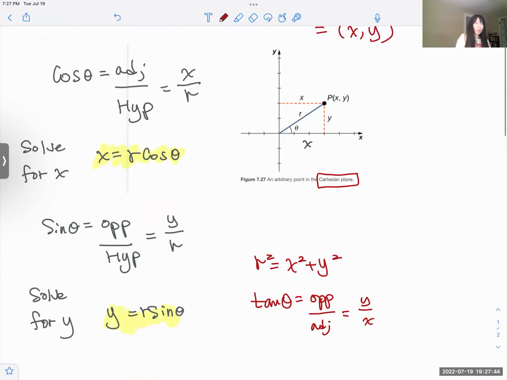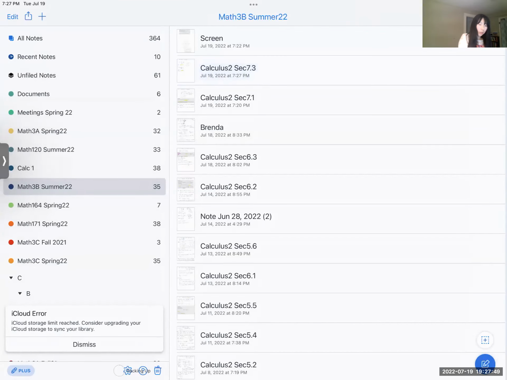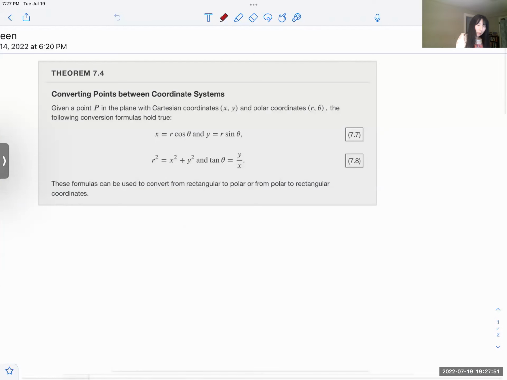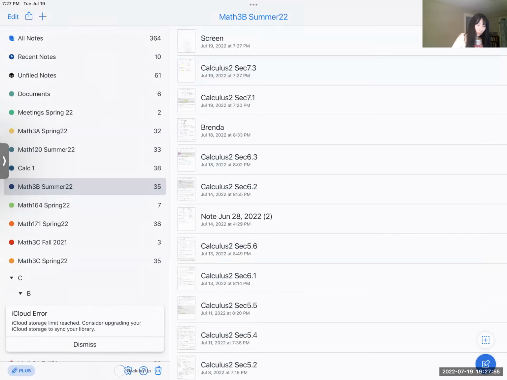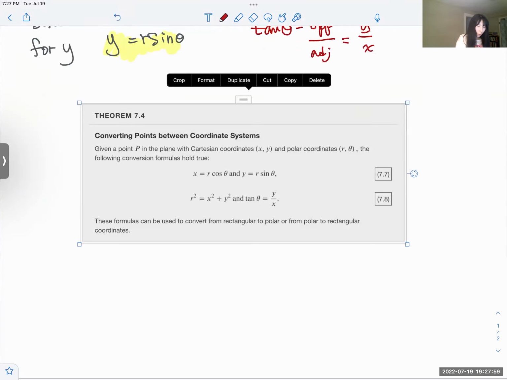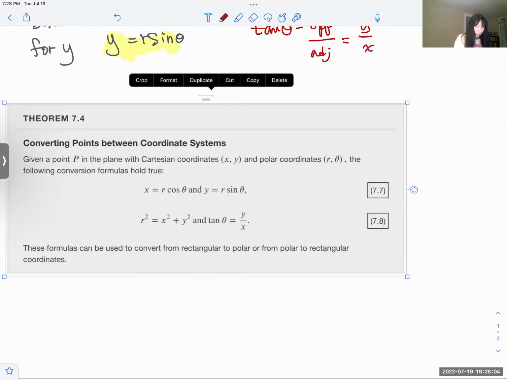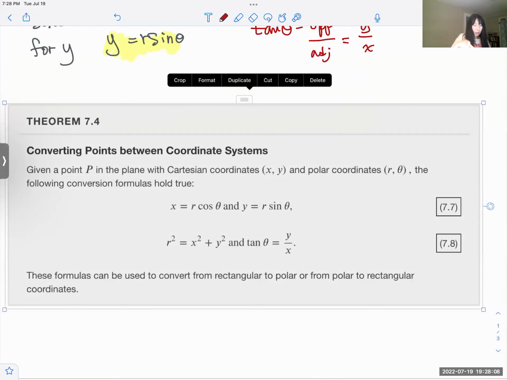The first coordinate is x and the second coordinate is y in Cartesian coordinates.